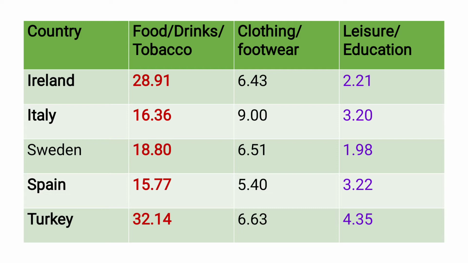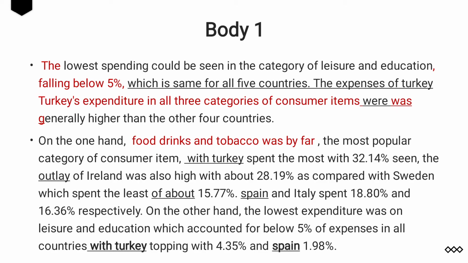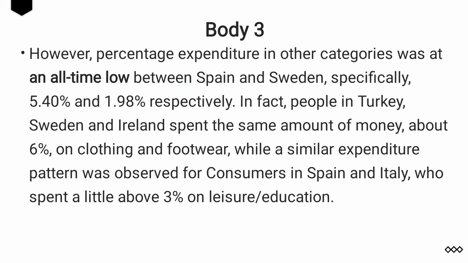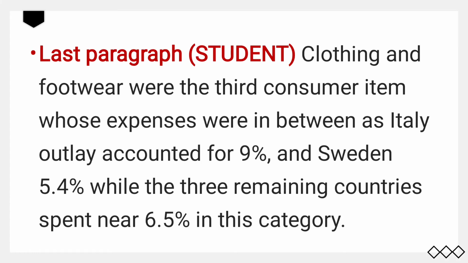These are the consumer items. We have been through body 1, body 2, and here's body 3, which we did in the last lesson. I vetted and corrected that part.